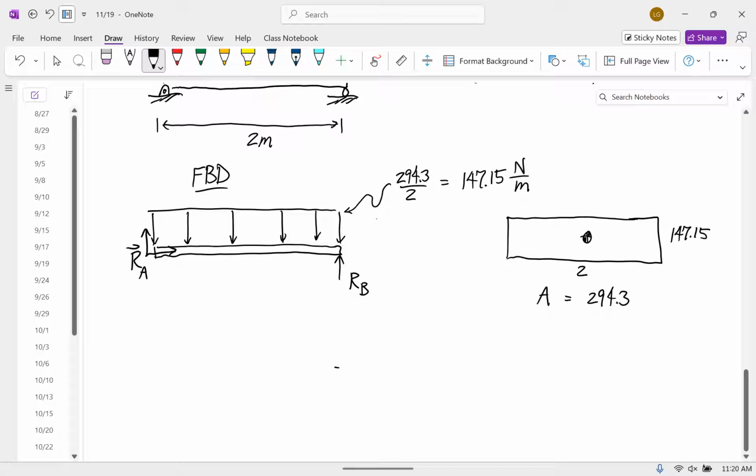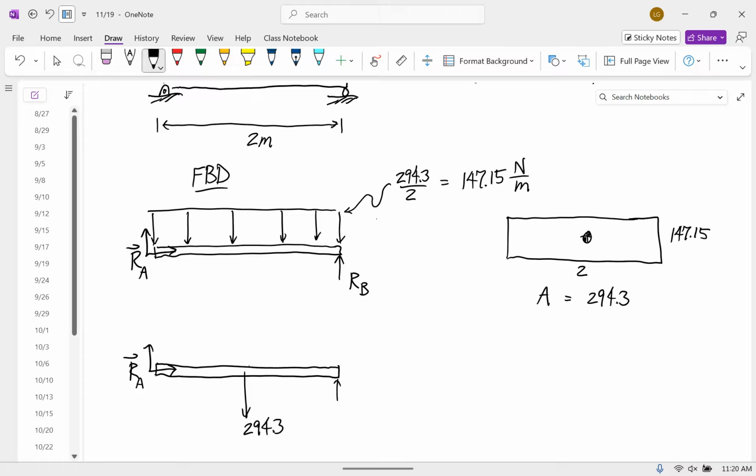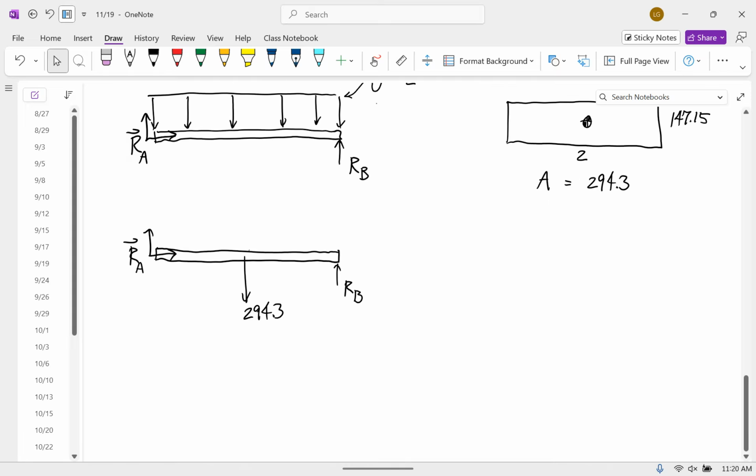And I'll redraw that free body diagram. We have a weight down of 294.3. RA here, RB here. And now we can do the table.